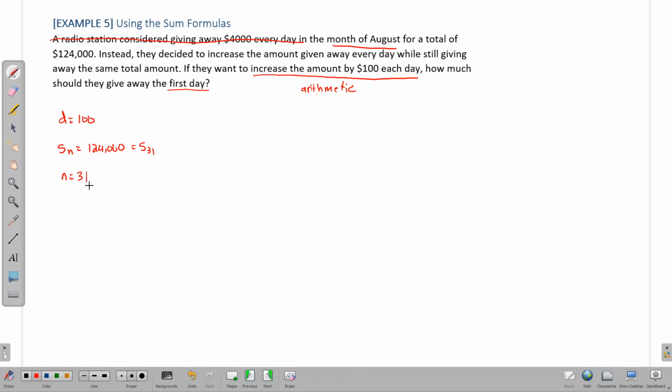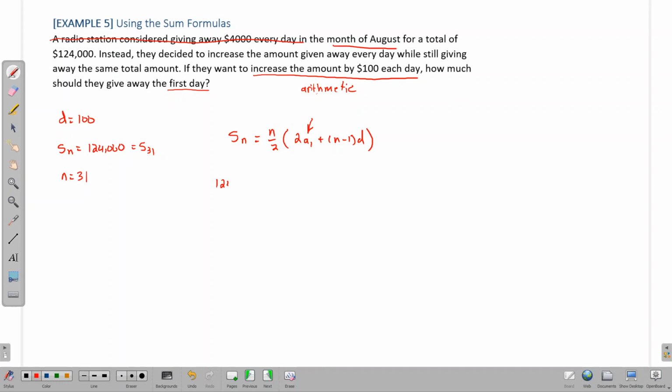Okay, so we don't know what the first day is and we don't know what the last day is, but we have the d, which means we can use the second formula for the sum, meaning this formula, S sub n equals n over 2 times (2a1 plus (n minus 1) times d). We have all of the information for this except for the a1. So we can just start plugging the numbers in.